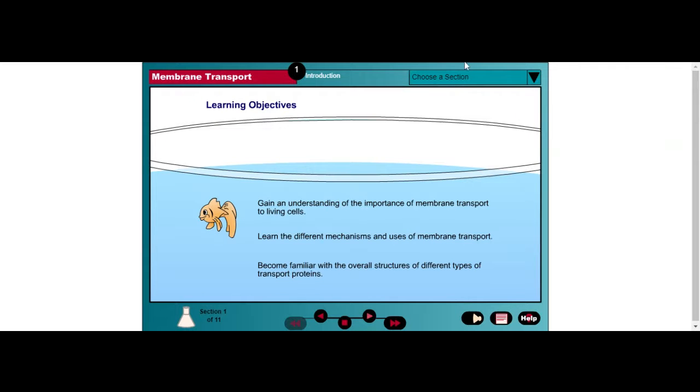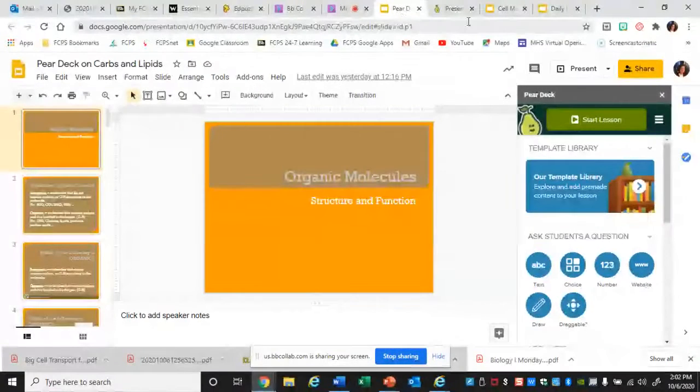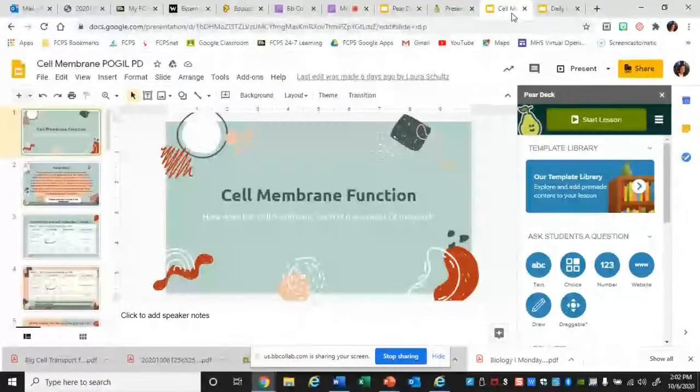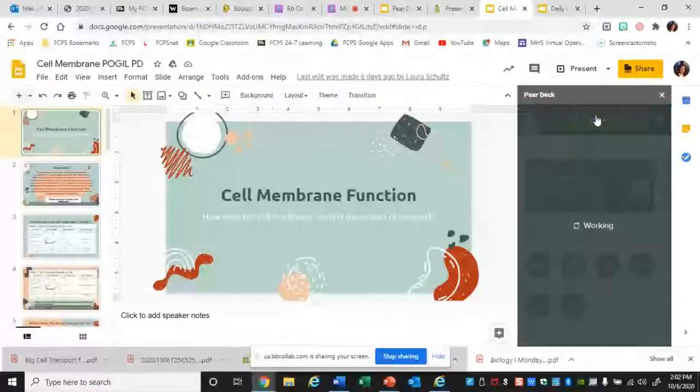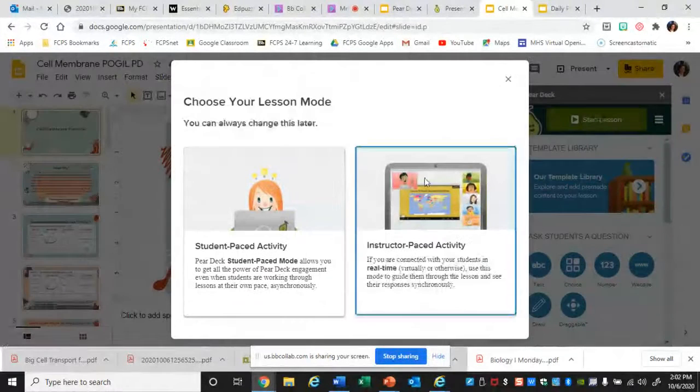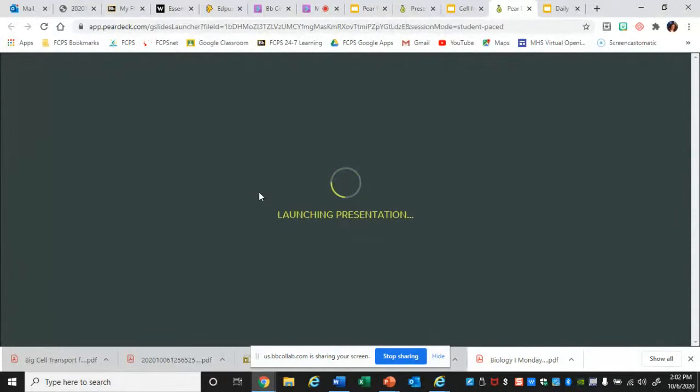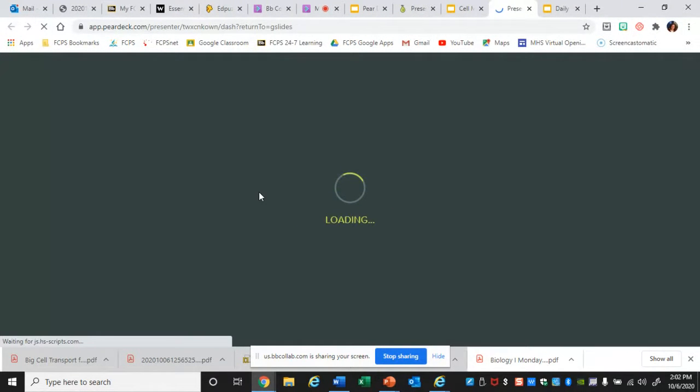And then the other thing is the Pear Deck, which I have to actually activate. Okay, this one. I'm going to make it student paced so you can go in and do it at your leisure.